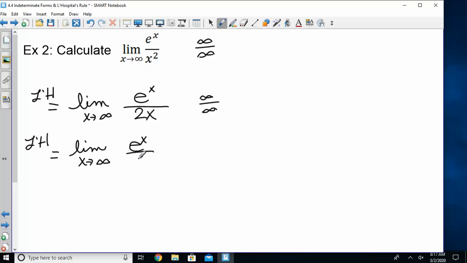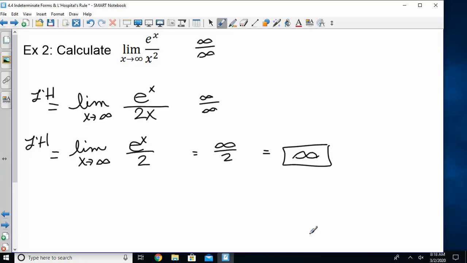Derivative of 2x is 2. So now the top, e to the x, is going to infinity over 2, which is still infinity. But I no longer had an indeterminate form because it was infinity over a number. So that's why we're able to just evaluate it.